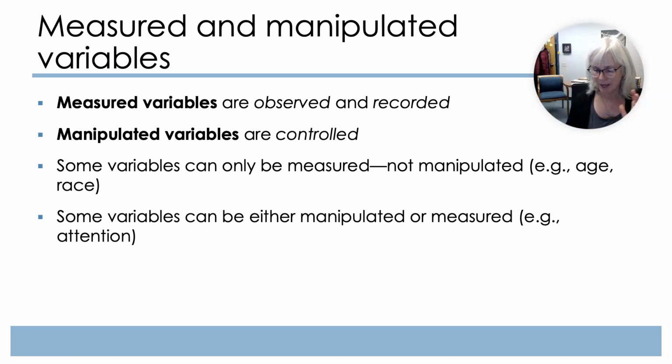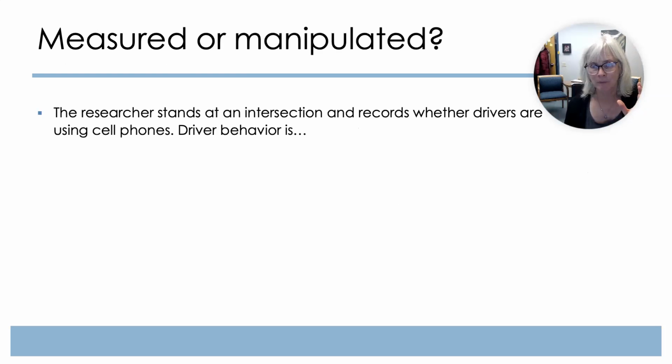So we're going to be paying attention to that. Paying attention and thinking about those in the next slide. So as we're going through, think about whether we're talking about a measured variable or a manipulated variable. And there are other examples in the PowerPoint.